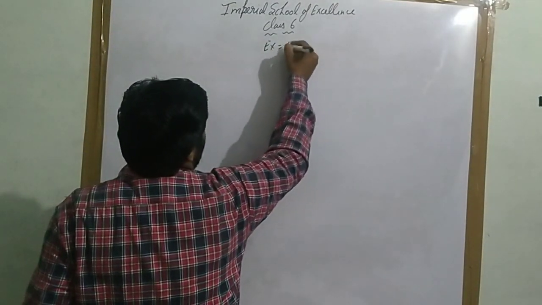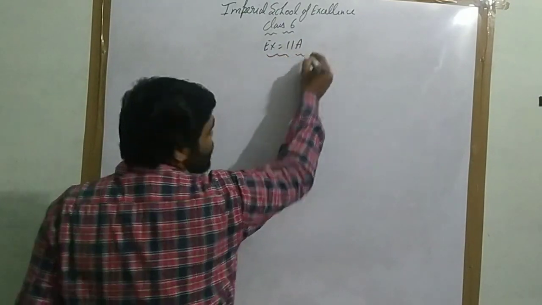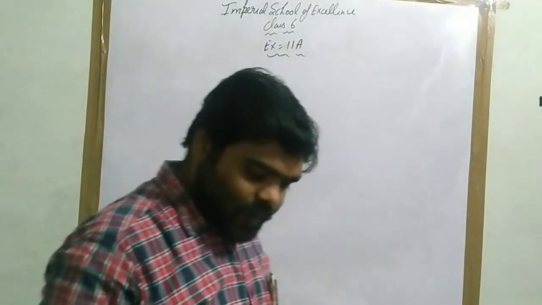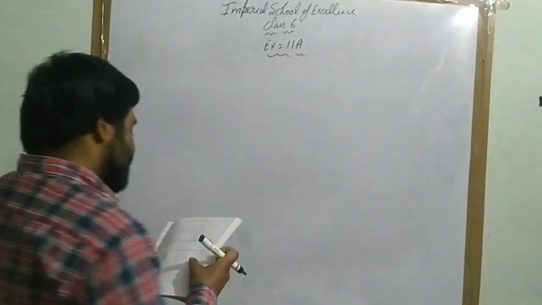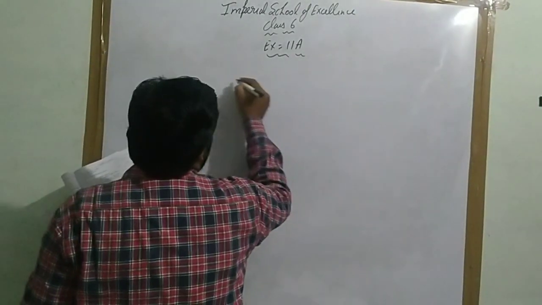Exercise 11A. In our last class we discussed up to question number 4. Now question number 5: in the adjoining figure. The figure has been given to you.